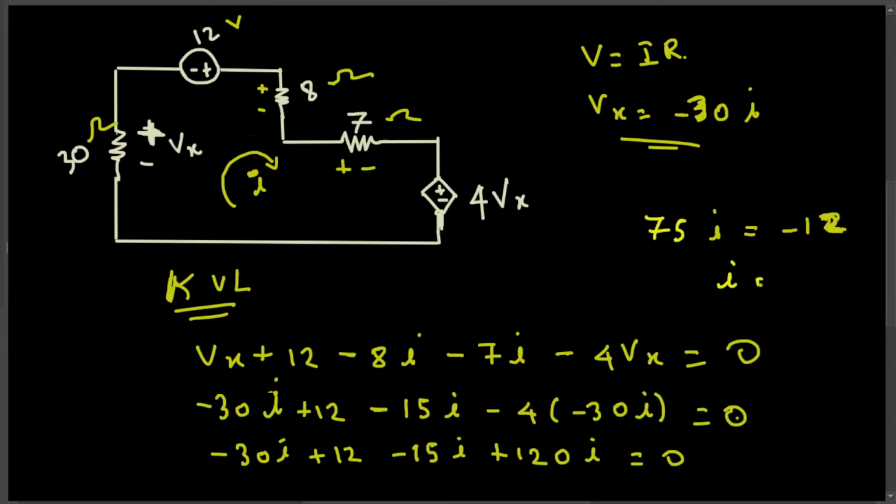So I is going to be negative 12 divided by 75, and that is negative 0.16 ampere.